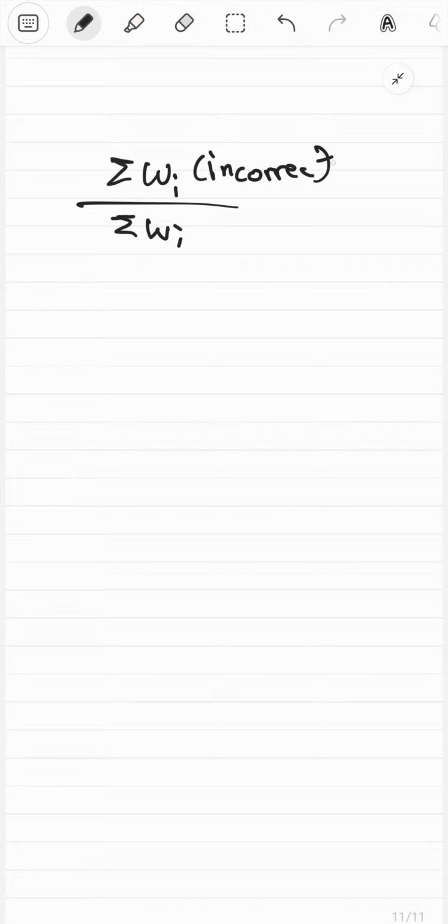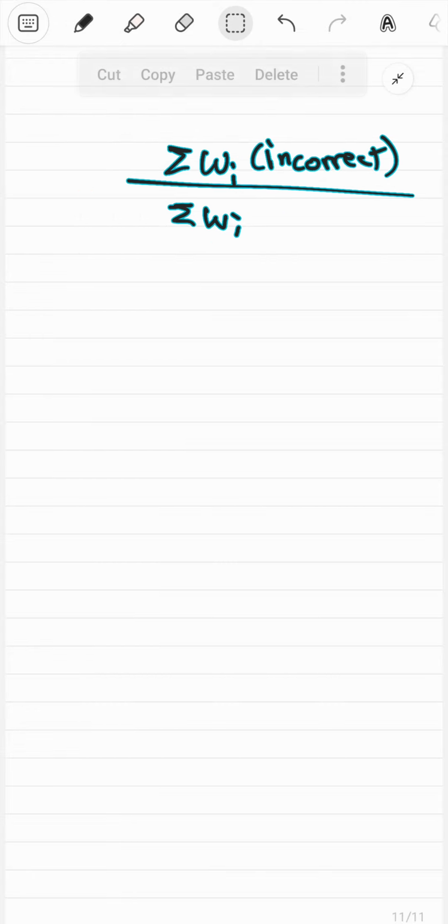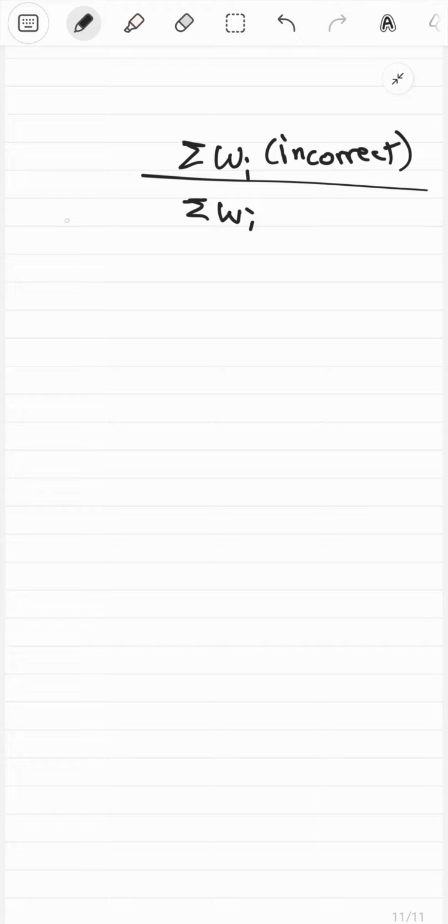This weighted fraction of incorrect predictions is what we are calling ERR, and it's just a number basically, but in a sense it's 1 minus accuracy, but whatever.